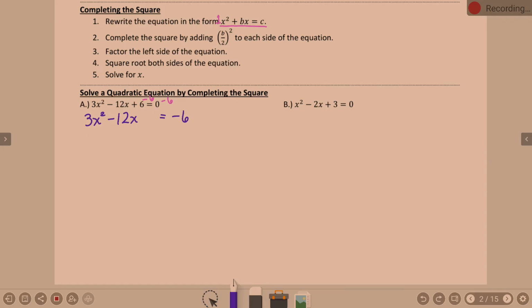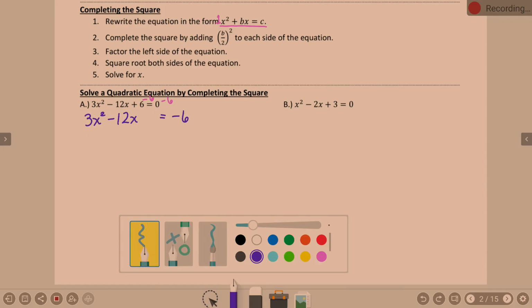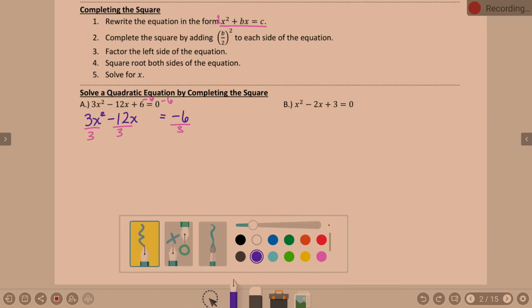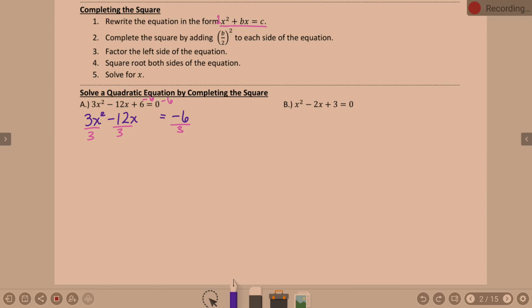The other thing that needs to happen. Right now, I have ax squared plus bx equals c. I need it to not be ax squared, I need it to be 1x squared. So we also need to divide by this a value of 3. If you divide that first term by 3, every term is divided by 3. So 3x squared divided by 3 is x squared, minus 12x divided by 3 is 4x.